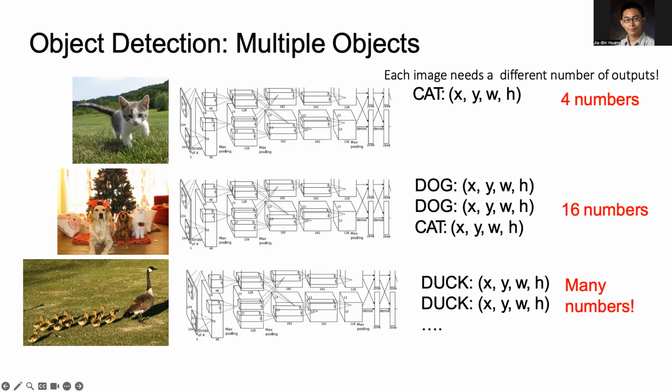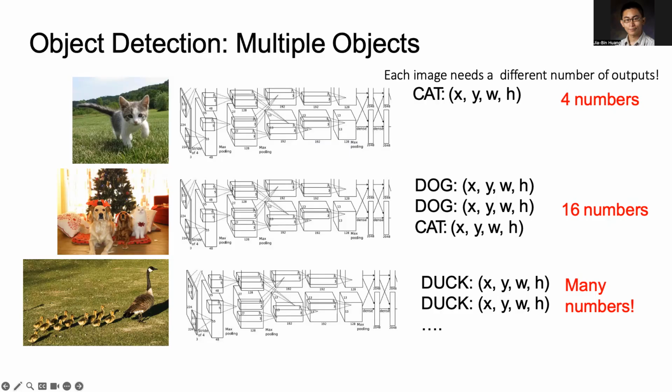And what if we have many different objects? Then I need to predict even more numbers. But the problem is that I don't know how many objects there are. If you directly predict, given a box, where the object is within this box, that itself assumes that you only have one object inside.